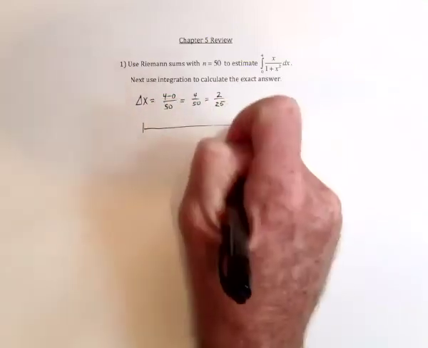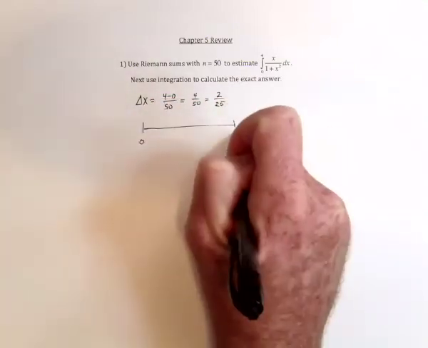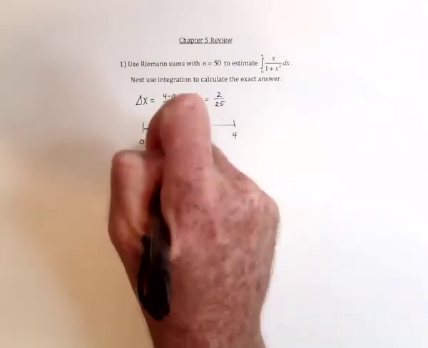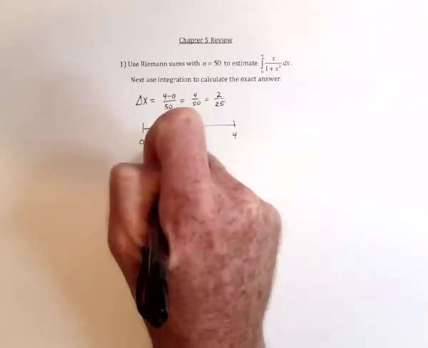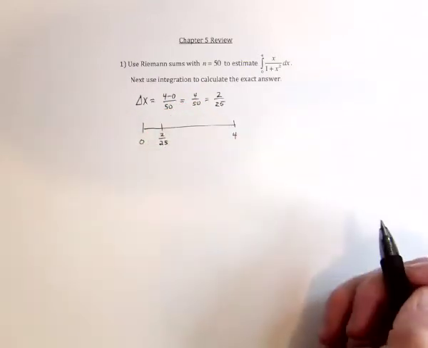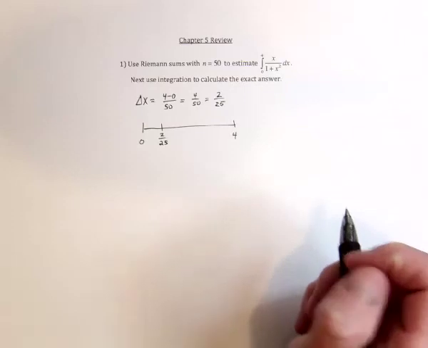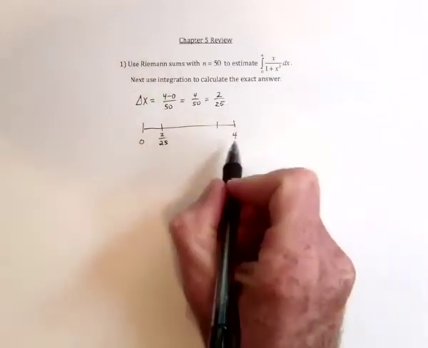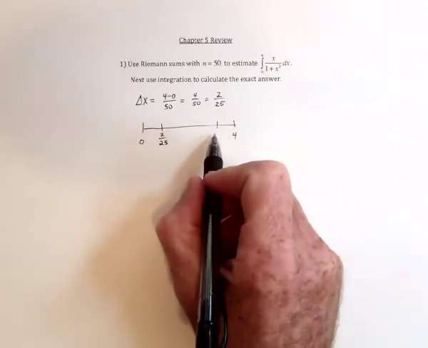And then for Riemann sums, I take the interval, sort of exaggerate a little bit, and say the first one has to go from 0 to 2 25ths. And then this last one, I have to go from 4 backwards by 2 25ths.